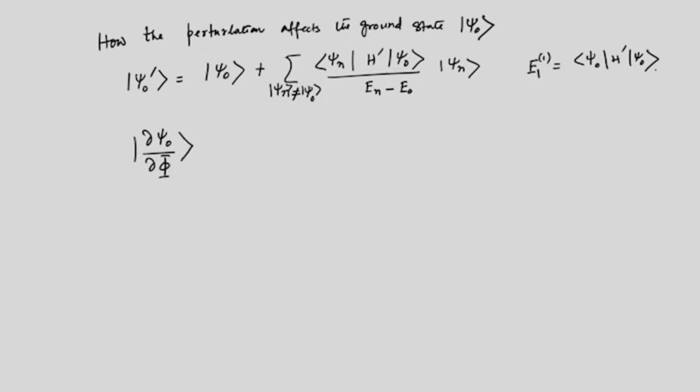That is how a system responds to an infinitesimal flux, and that is nothing but 1 over L i and a sum over psi n, of course not equal to psi 0, or we can simply write it as E n not equal to E 0.